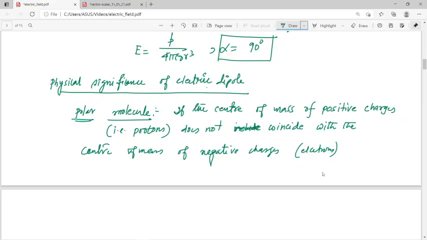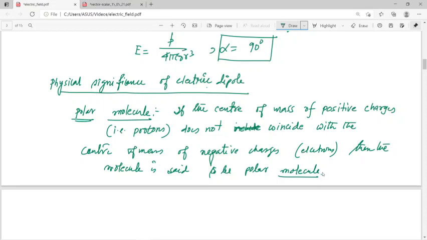Then the molecule is said to be a polar molecule.